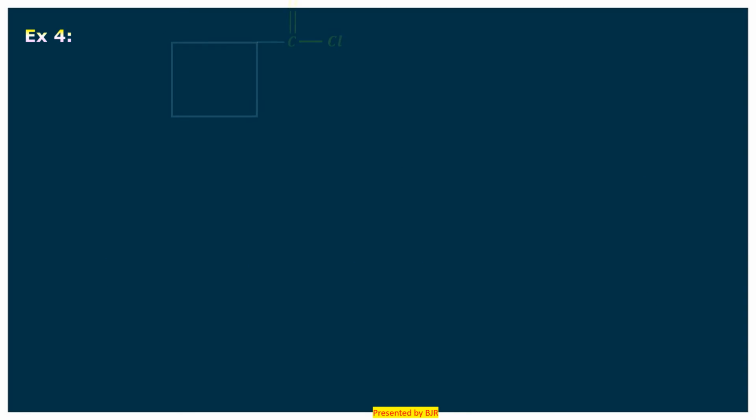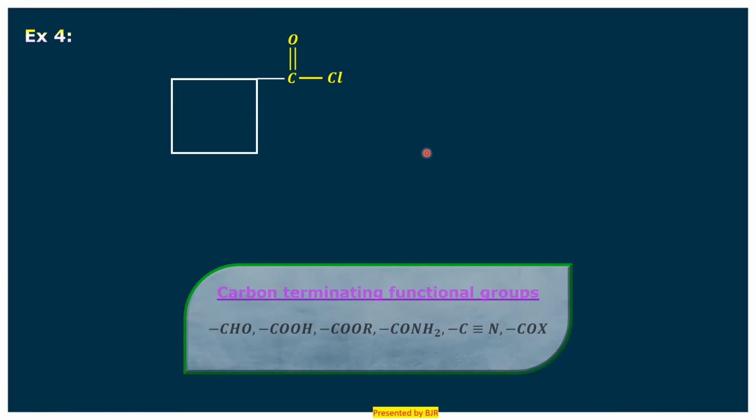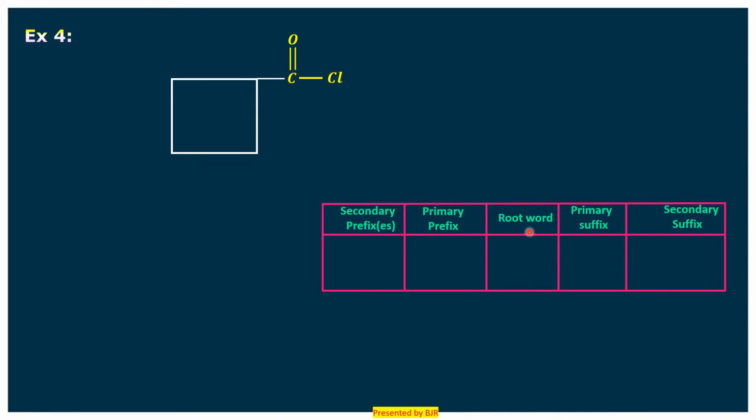Next, example 4. This ring is attached directly to one of the carbon terminating functional groups, here COX, where chlorine is there. Okay. Root word: 4 carbon atoms are there in the ring, so it is but.